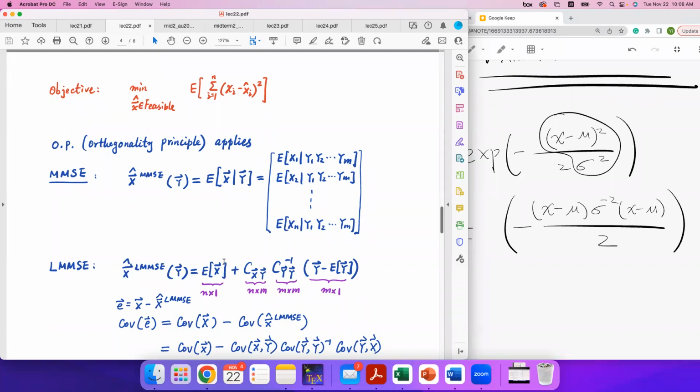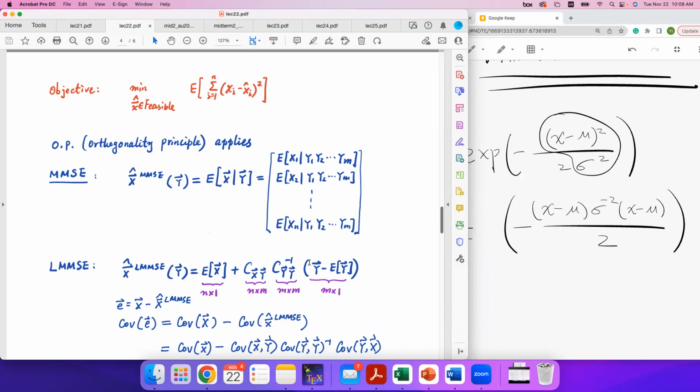We can see that all these are statistics of these random vectors, and the random variable y is only involved in here. So the entire estimator is indeed a linear function of your observation y.